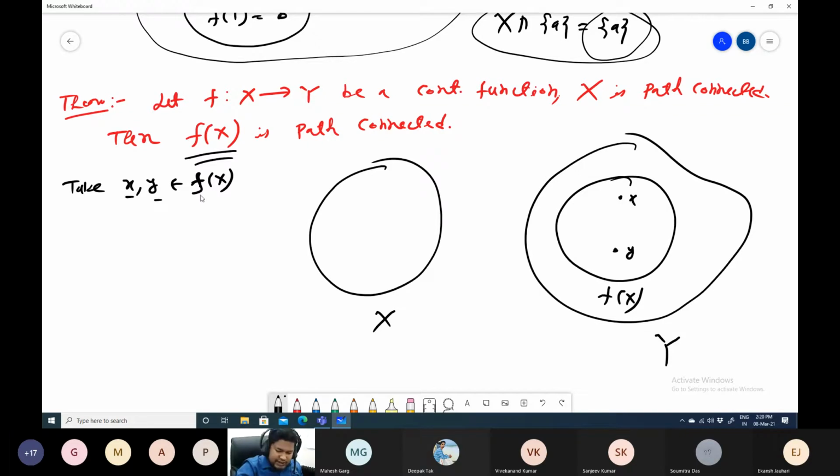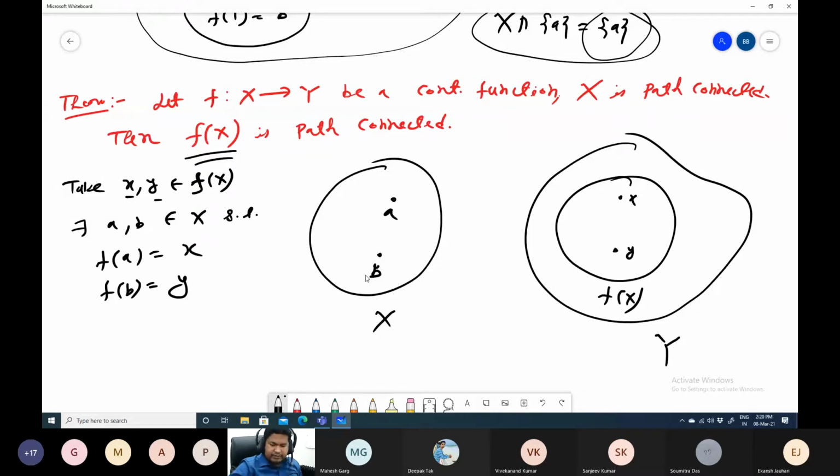First of all, since x and y are in f(X), there exist a and b belonging to X such that f(a) = x and f(b) = y. That means for this x we should have some a, and for this y we have some b, so that a goes to x, b goes to y. The inverse image of x can have more than one point, but we can choose only one.